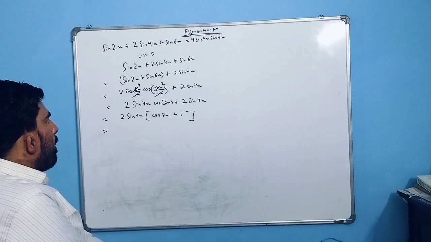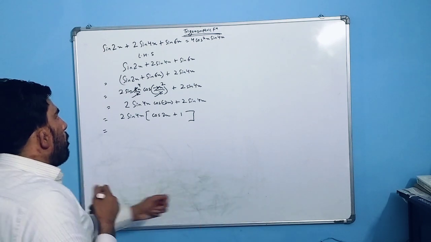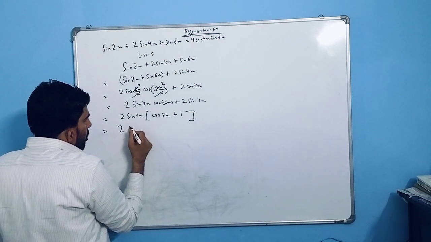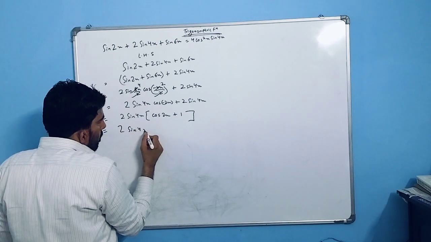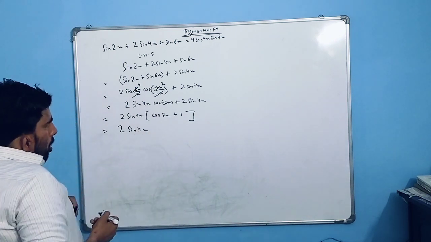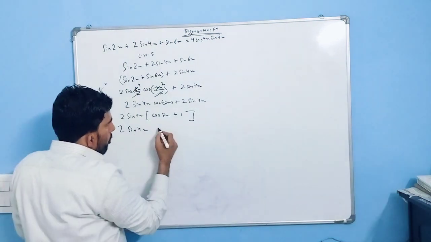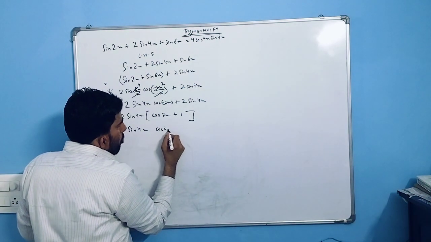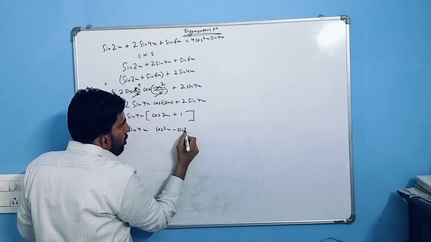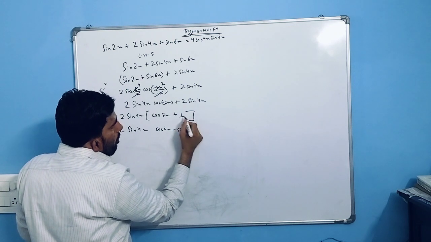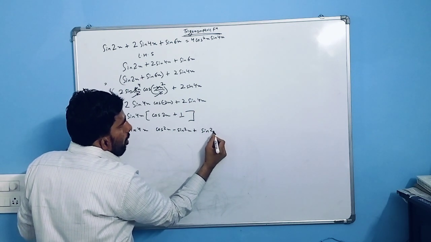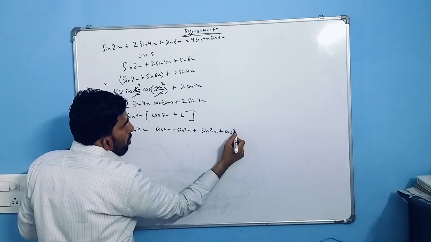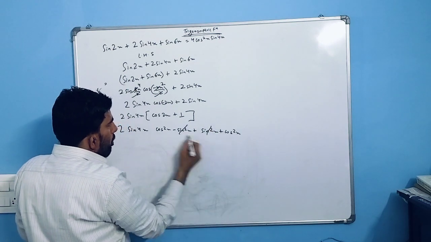Now, what we can do is just put the formula here for cos 2x, that is cos square x minus sin square x. And here, for 1 we can write sin square x plus cos square x, so that it can be reduced.